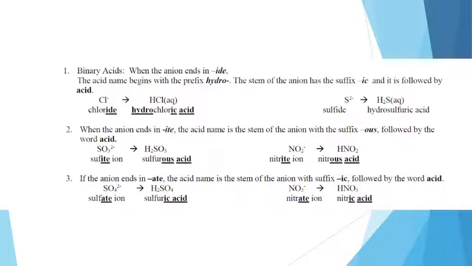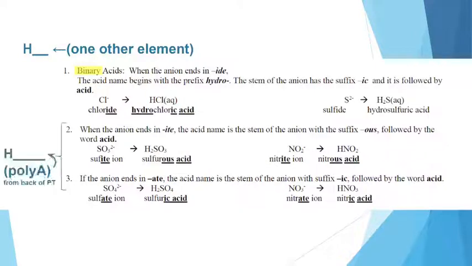So our first type of acid is a binary acid, meaning 2 elements, and H is always going to be that first element because it is an acid. So there's just one other element with this H. These are the shortest, simplest formulas, but they have a slightly longer name.